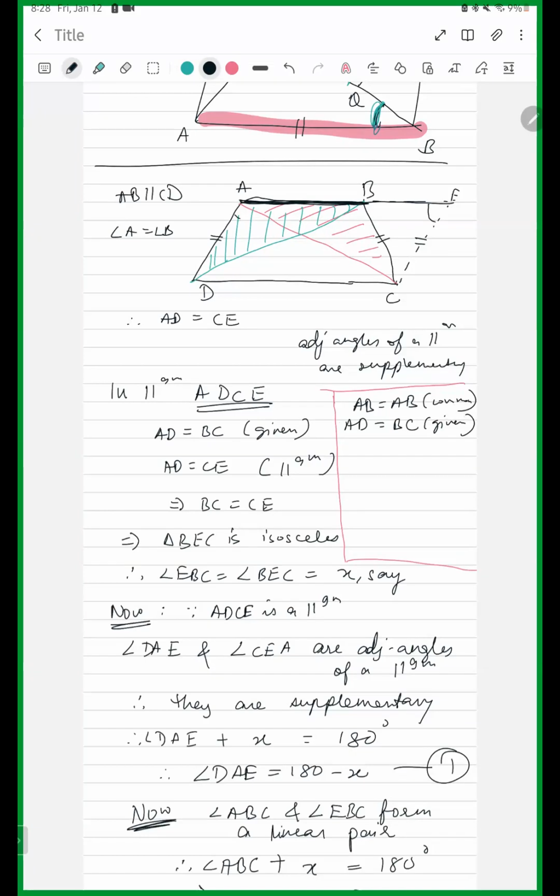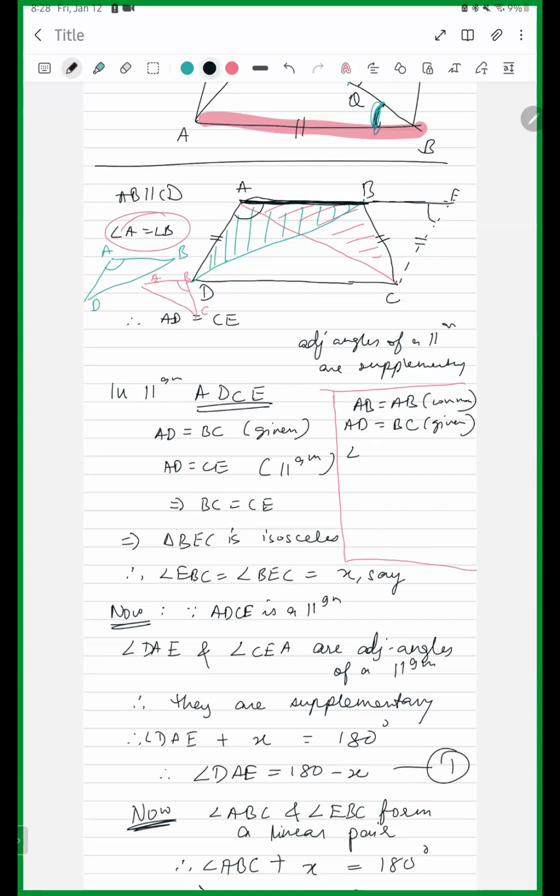Thirdly, this angle, I'll just break down the two triangles for you. This is one triangle and this is the other triangle. We have already shown that this angle is equal to this angle. We showed it over here. So these two angles are equal.